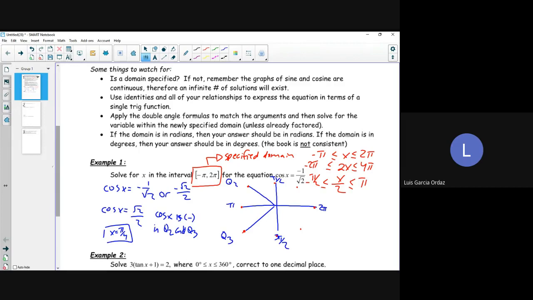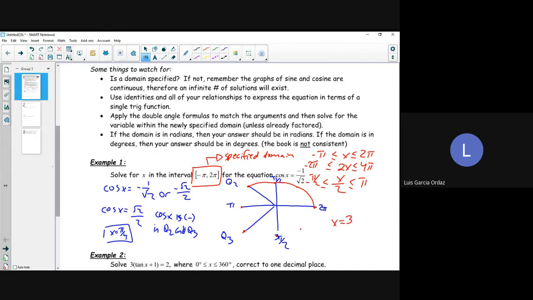So now just visually, what is our first angle or radian measure where cos x is equal to negative root 2 over 2? 135 degrees, but in radian measure, what does that equal? 3 pi over 4.